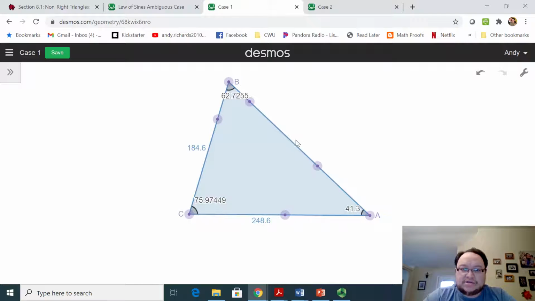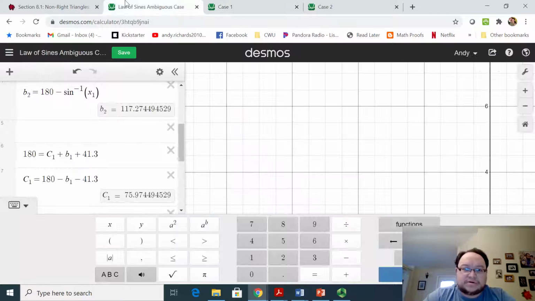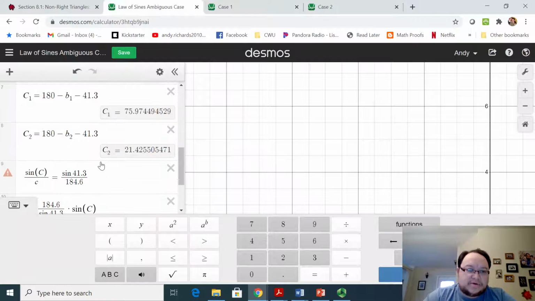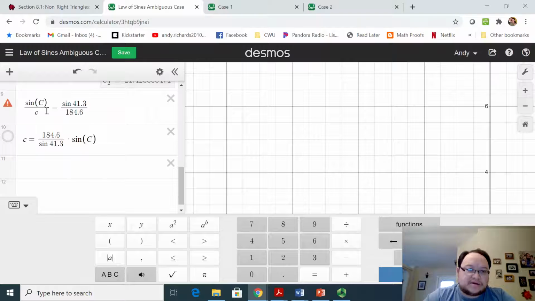And I can use the law of sines once again. And because this is the ambiguous case, I'm going to go with my given pieces here, this length for A as well as angle A here. So if I were to do that, well then what I've got here is I know sine of C over C equals sine of 41.3 over 184.6.